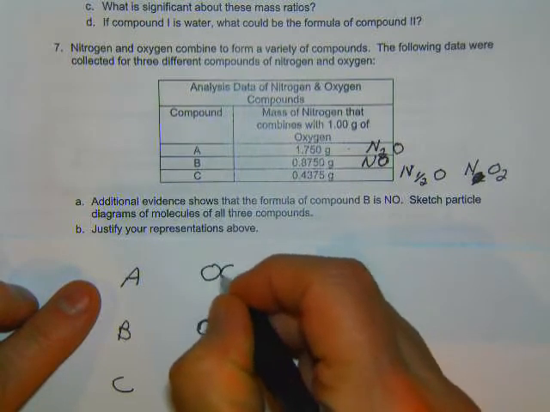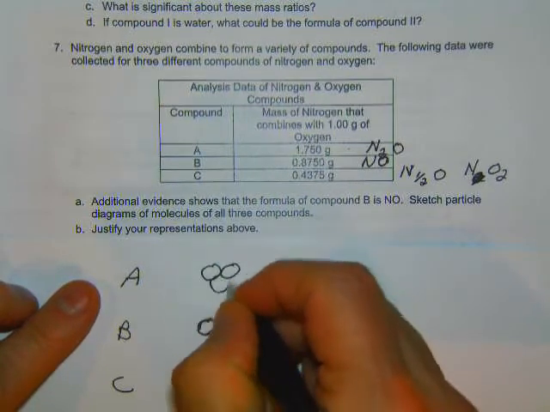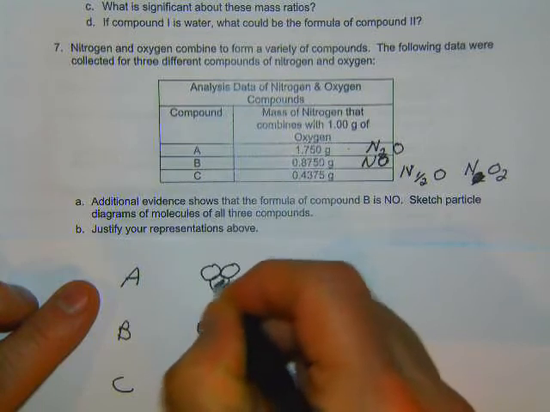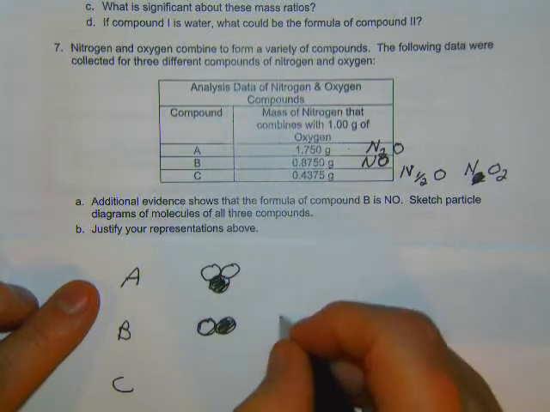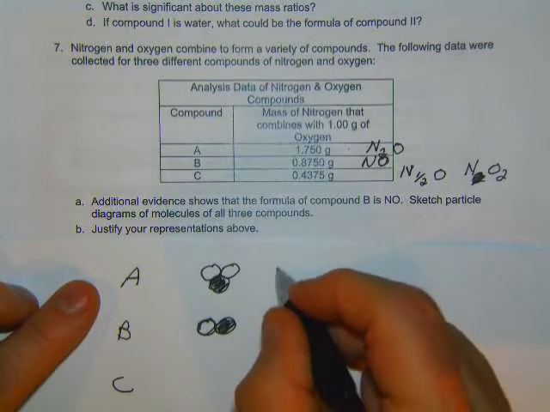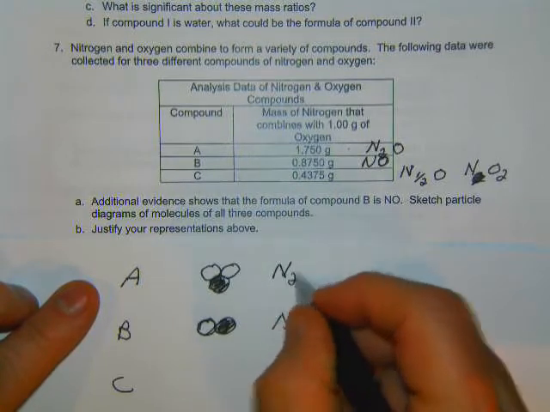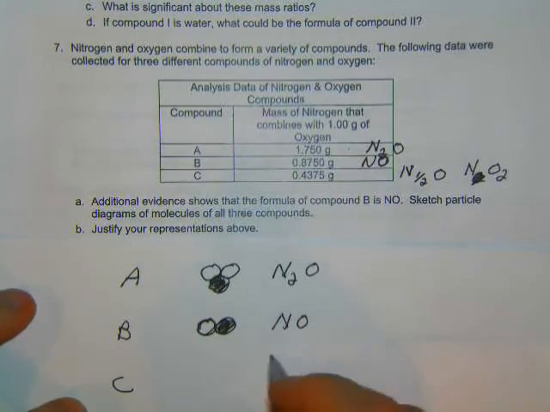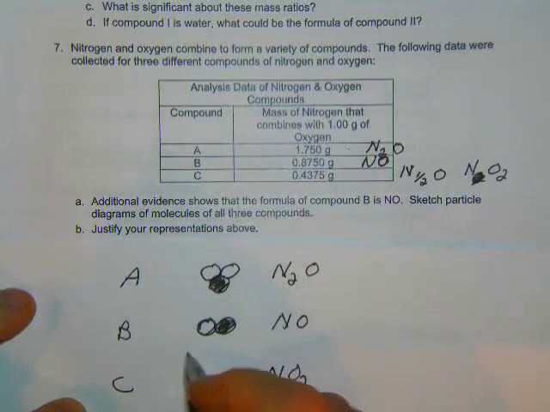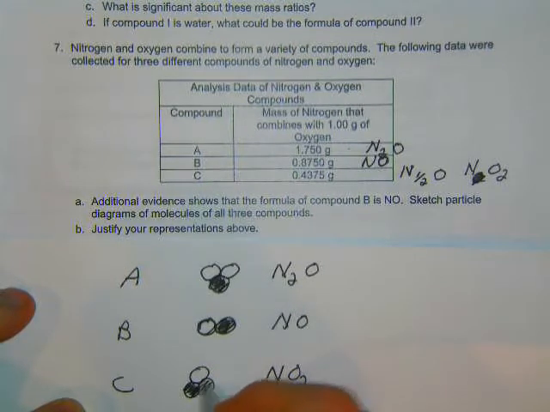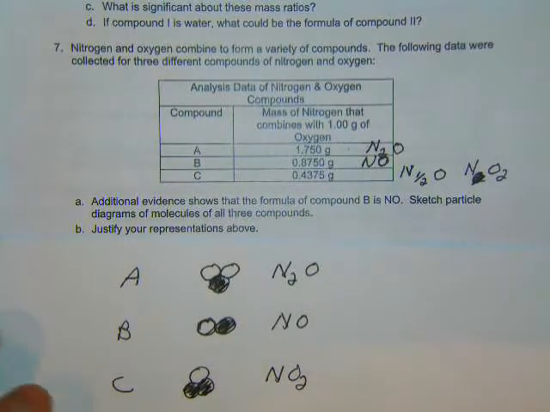So this one's NO, this one's N2O. And this one we know is NO2, so we have to make it the reverse here. We put in our nitrogen, and we've got 2 oxygens to go with it.